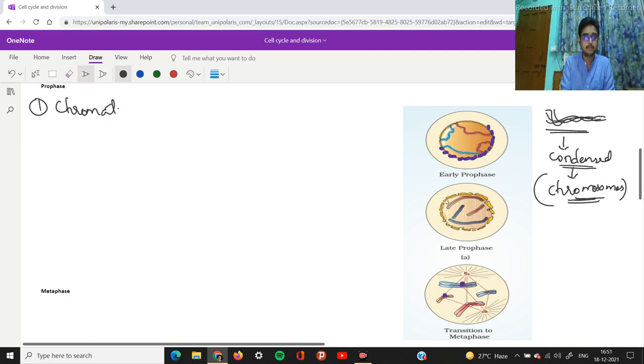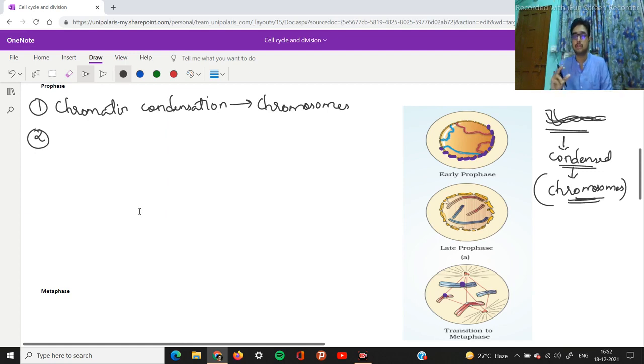Chromatin condensation to form chromosomes. This is the first thing that takes place. Number two, another important thing that takes place is the initiation of the mitotic spindle. Now, the mitotic spindle is very important.